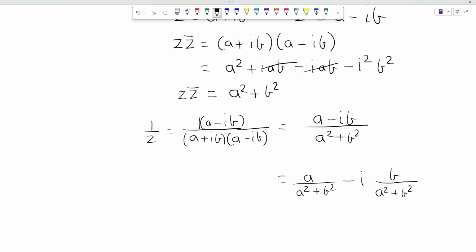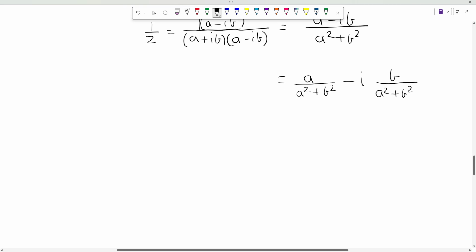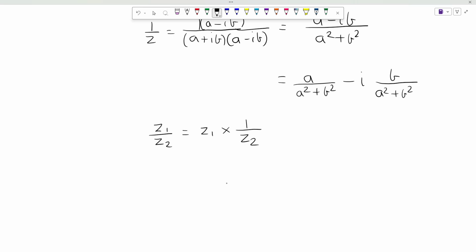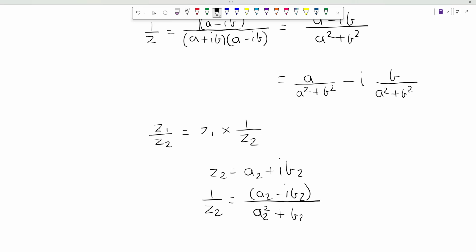Now let us move to division. So let us divide z1 with z2. That means z1 is being multiplied with reciprocal of z2. And since z2 equals a2 plus iota times b2, 1 over z2 will be equal to a2 minus iota times b2 over a2 square plus b2 square.